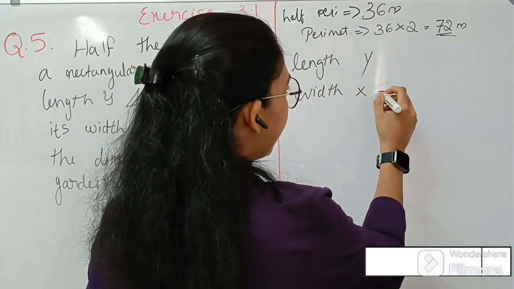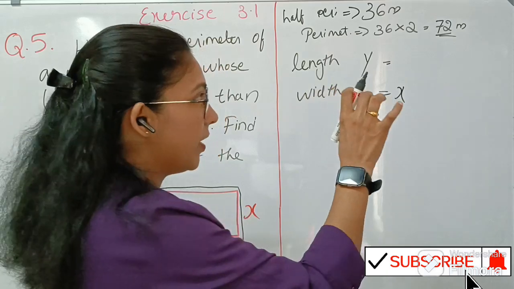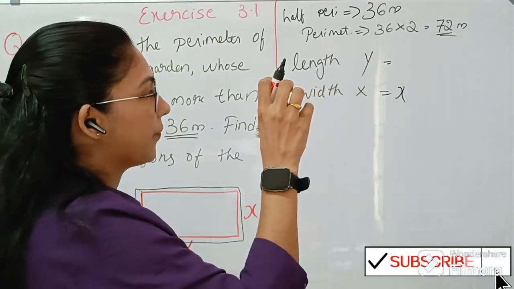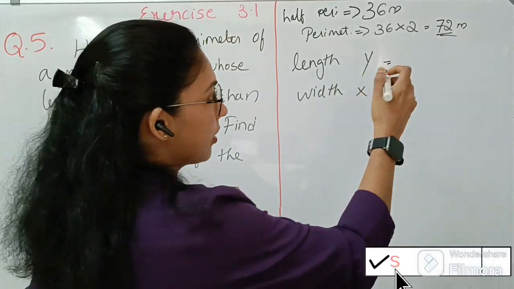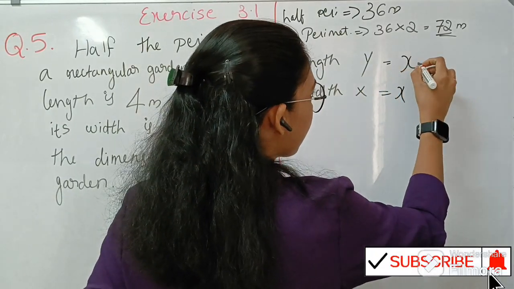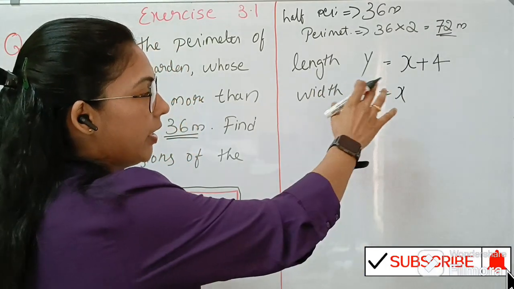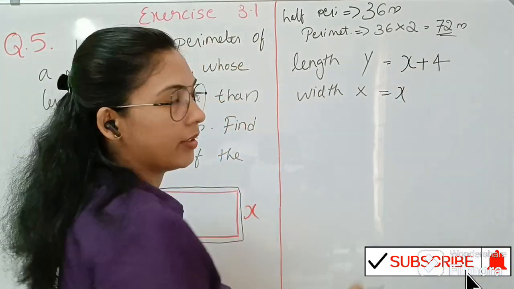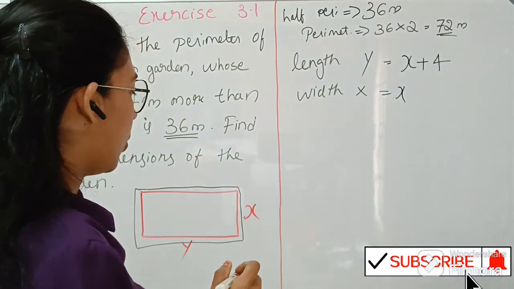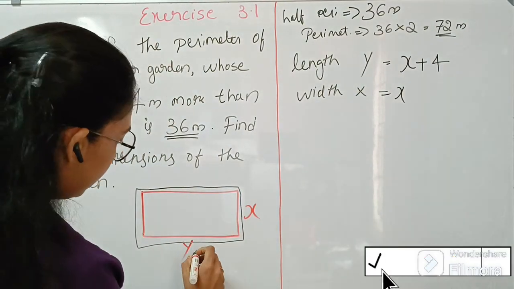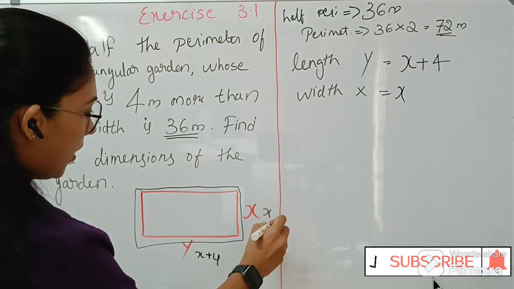So width is letter x, and given in the question that the length is 4 meter more than the width. Length is 4 meter more than the width, that is x plus 4. Okay, so this is x plus 4 and this is x.